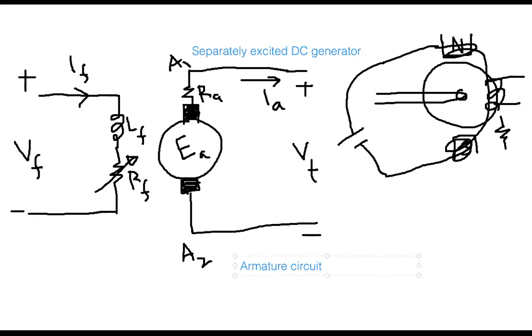So the left side is your field circuit. Okay. So therefore you see there is no direct connection. There is not at all any connection between the field circuit and armature circuit. The two circuits are separated. Especially this field circuit is separated. Accordingly, it is called a separately excited DC generator.